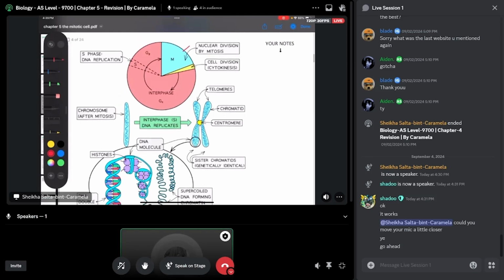In the G2 phase, DNA correction happens. So if there's any error in the DNA replication, that would be covered in your G2 phase, and the necessary corrections would be done in this phase. Then there would be mitosis.